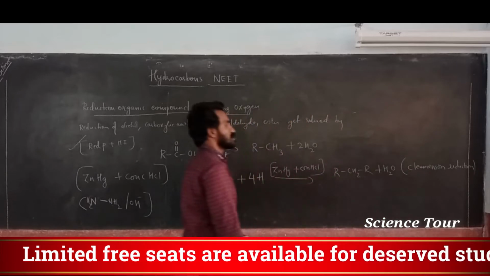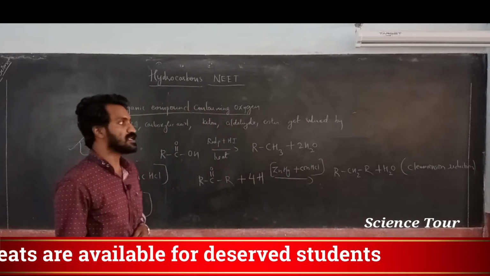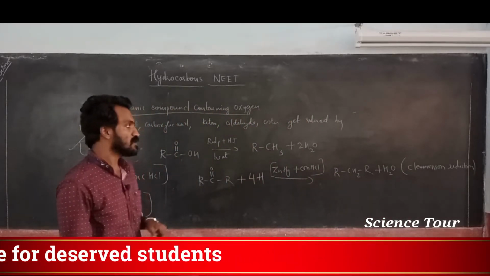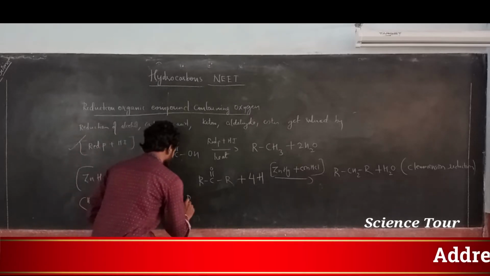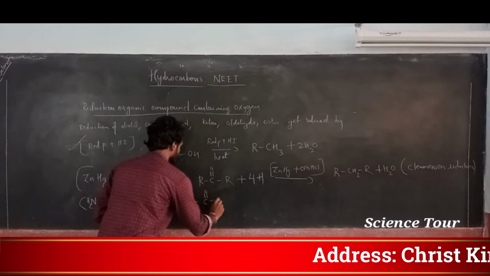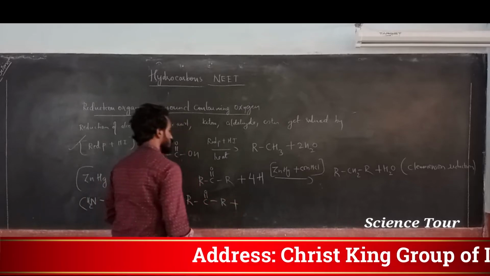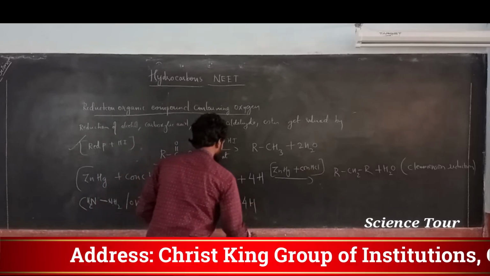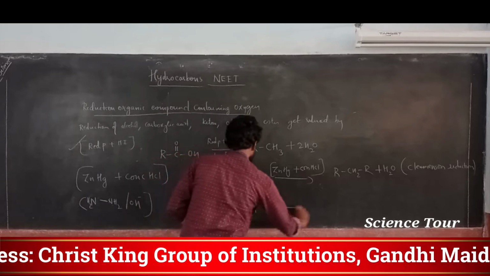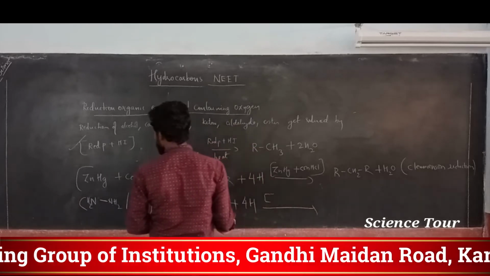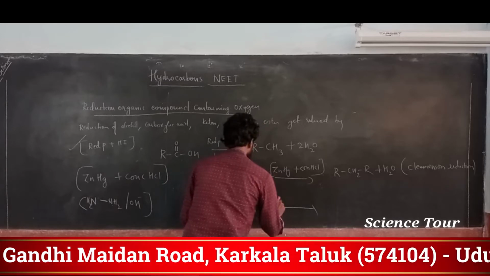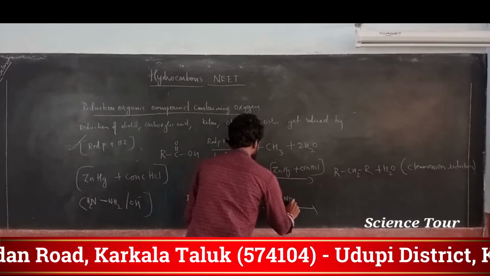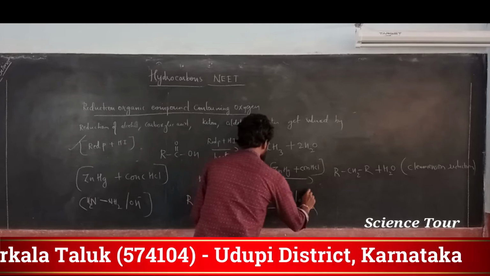Clemmensen reduction. My dear students, first and second one, the same ketone you have taken, you are adding 4 hydrogen atoms, but here the reagent taken is NH2NH2 with OH minus.